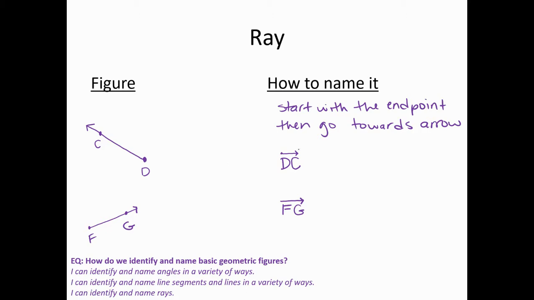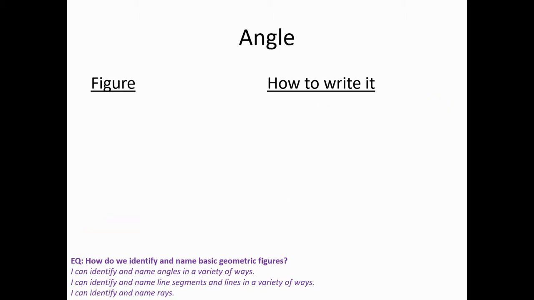So both of these would be pronounced ray DC and ray FG. Okay? Great. Last one is going to be our angle. This one is a little bit more involved than the other two because it has combined features. So we're going to talk about all of those lovely features when we draw the figure here.